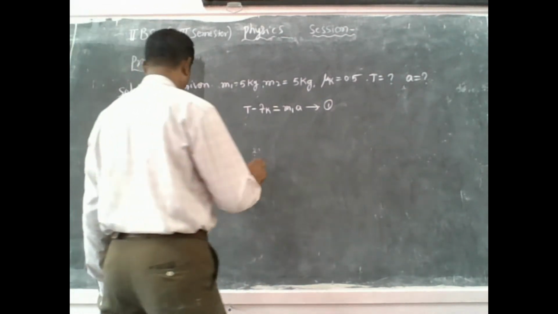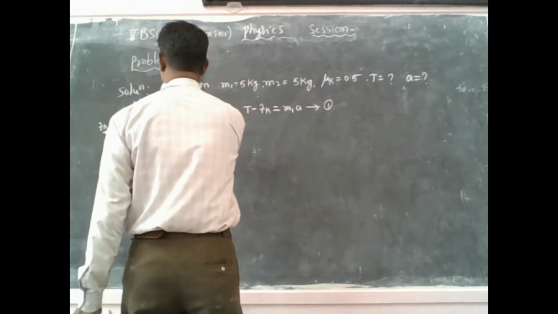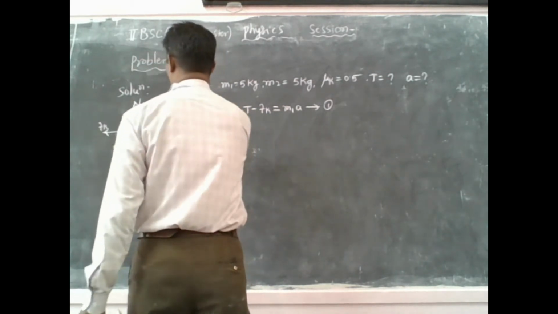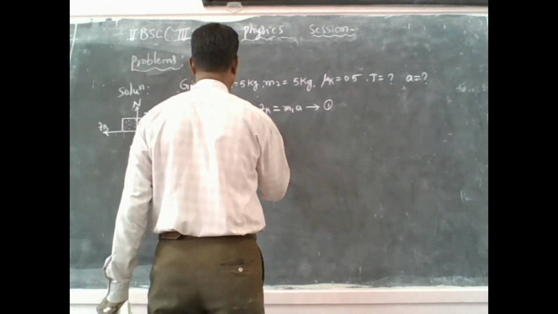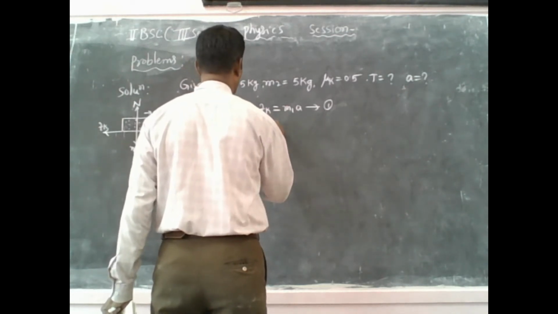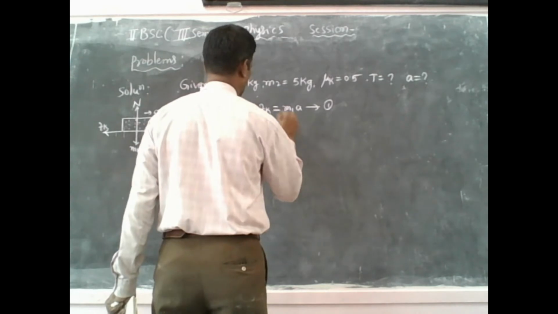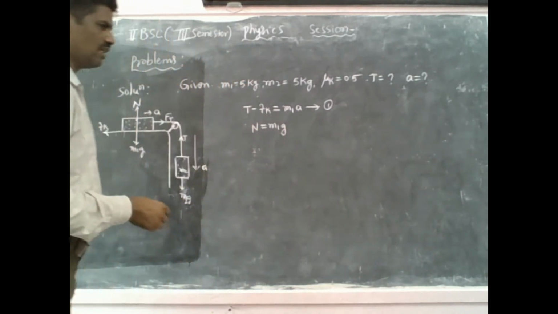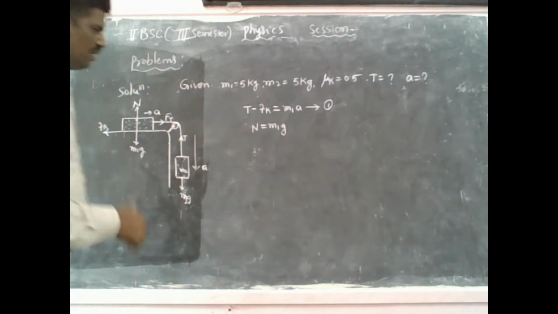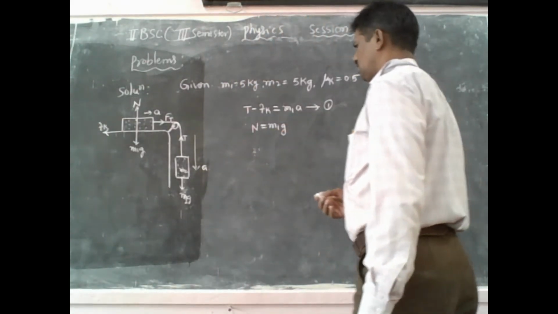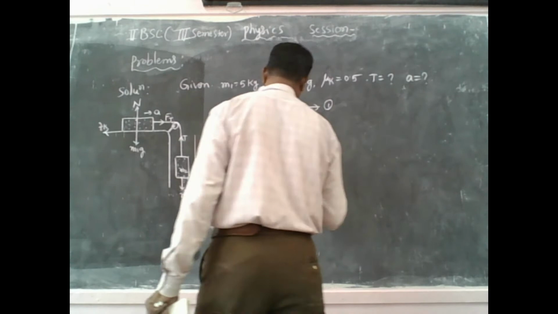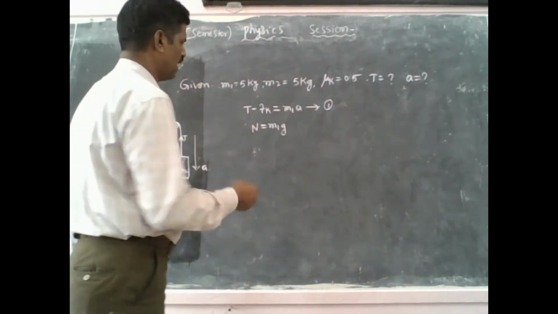And then, now Fk is there, therefore we have to construct another equation. N is equal to M1G, isn't it? Action and reaction, according to Newton's third law: equal in magnitude, opposite in direction, isn't it?